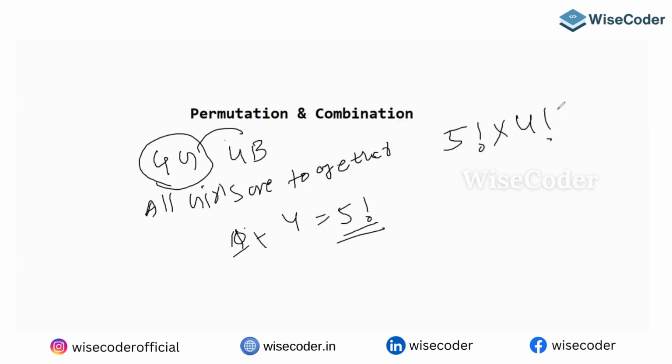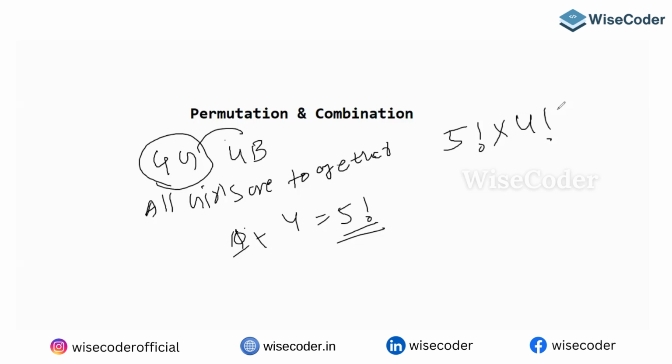So consider all the girls as 1 unit. We have to arrange 5 units in 5 places, and this can be done in 5 factorial ways. One of the units is of 4 girls, who can arrange among themselves in 4 factorial ways.